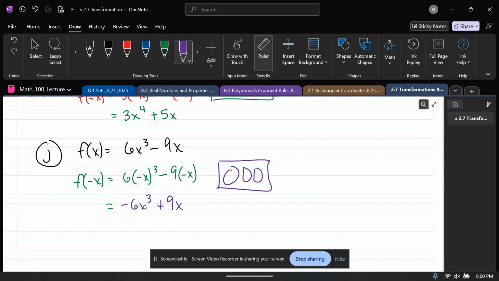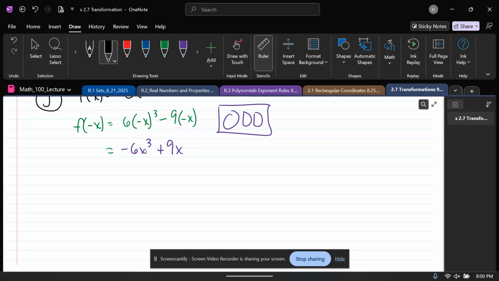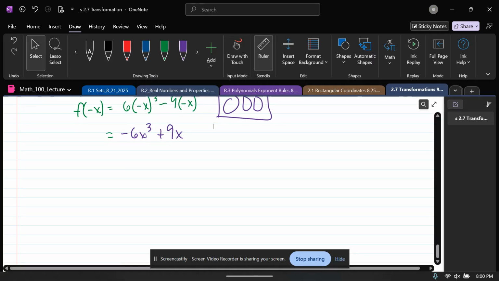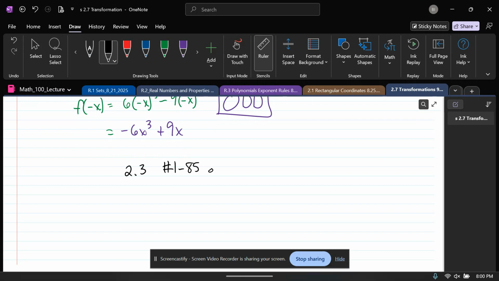Okay, all right. I'm going to write down the suggested problems, and if anybody wants to stay and do another domain problem, you can. If you want to go, you can go. The suggested problems from the textbook, if you want to do some of those, are 1 through 85, odds, obviously.